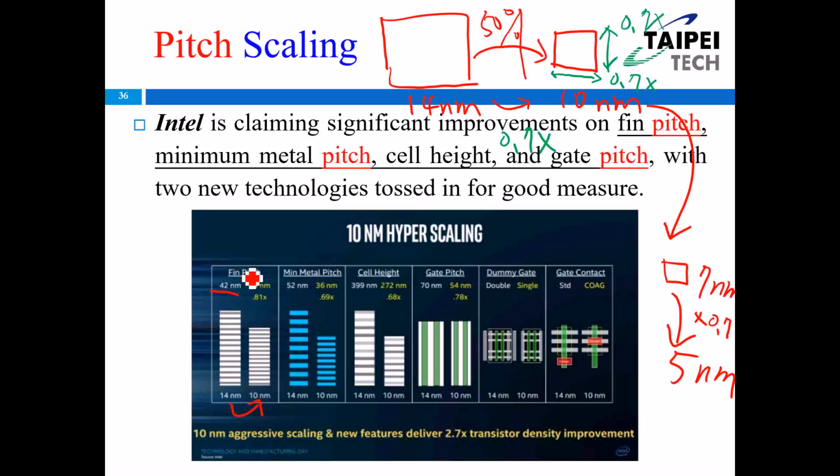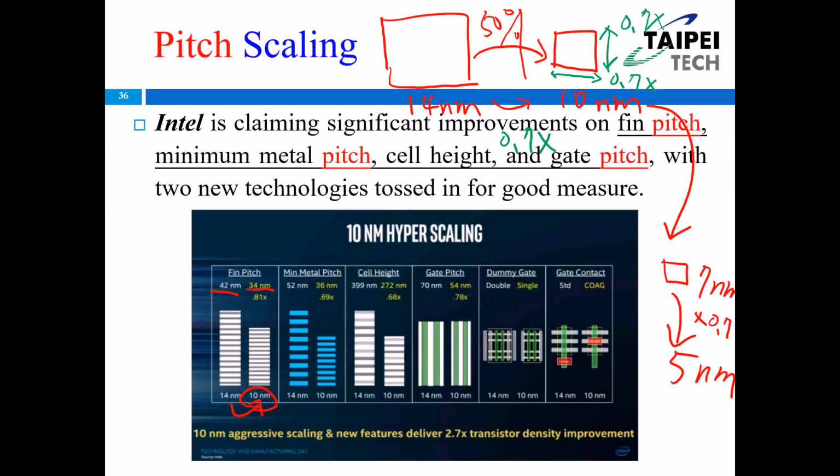And then when they fabricate the 10 nanometer chip, the fin pitch is 34 nanometer. Oh, you see, it's 0.8 times. It's not equal to 0.7, but it doesn't matter. It's just a rule, but not exactly the same as 0.7. So for the fin pitch, Intel only scaled down by 0.8 times, okay?